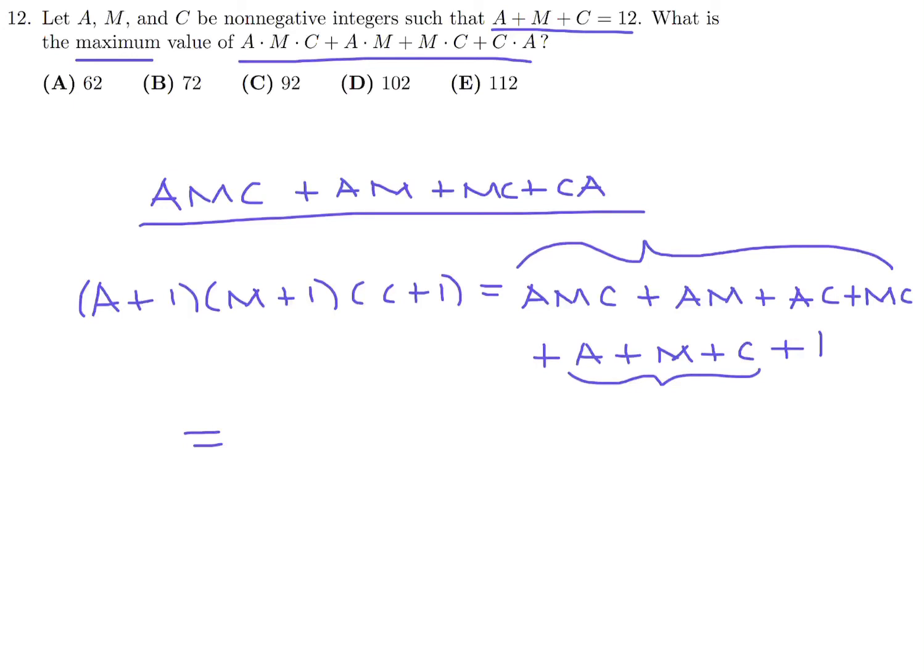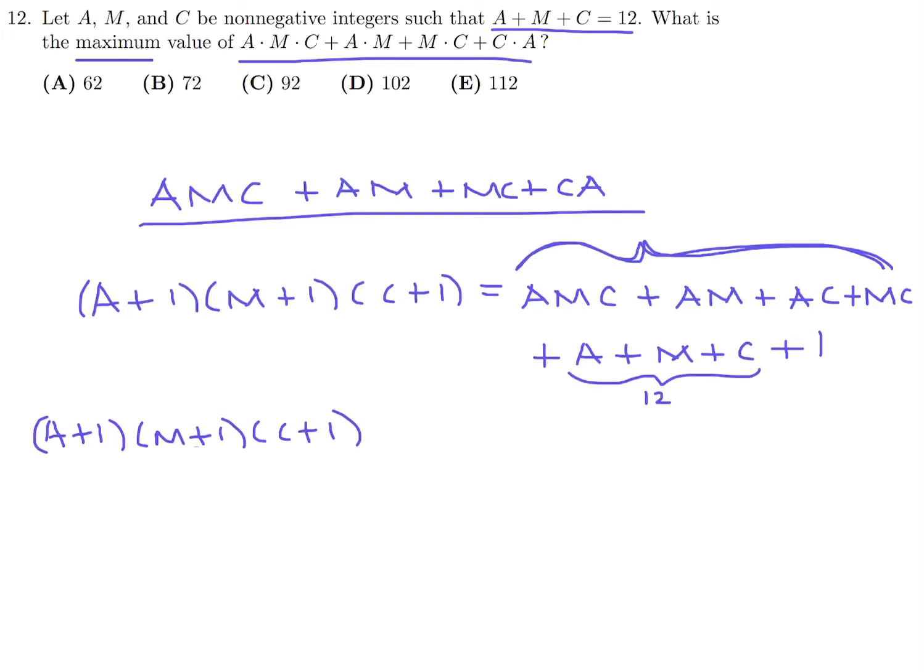All right, so we can work with this. So the first part is what they want us to figure out. This part right here. And this part is 12, and that's 1. All right, so a plus 1 times m plus 1 times c plus 1.